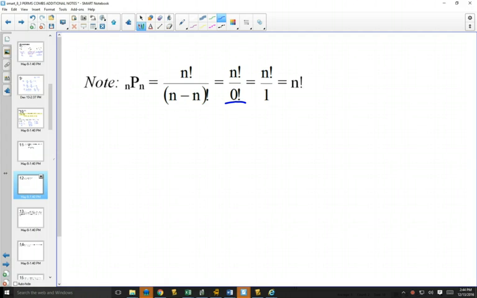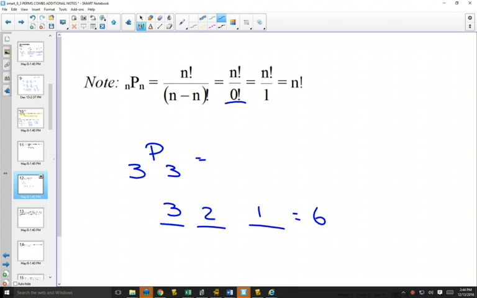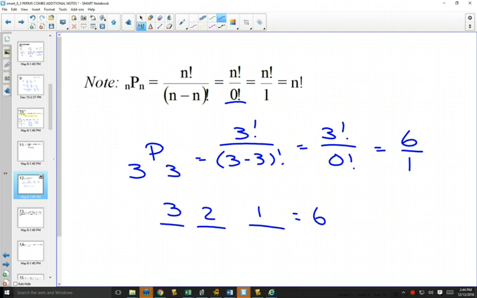If you had 3 things and you wanted to arrange all 3 of them, well, that's like 3 spaces starting with 3, 3, 2, 1. That's equal to 6. But according to the formula, this would be 3 factorial over 3 minus 3 factorial, which is 3 factorial over 0 factorial. And the only way this is equal to 6 is if the bottom is 1.